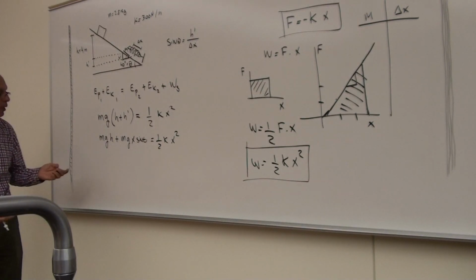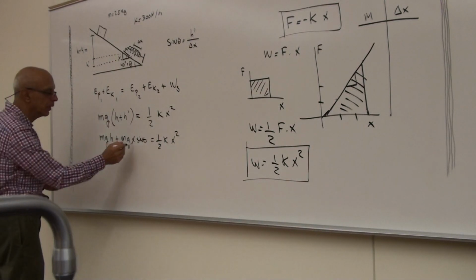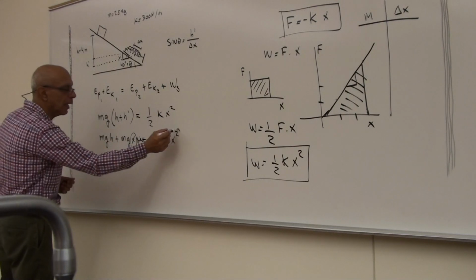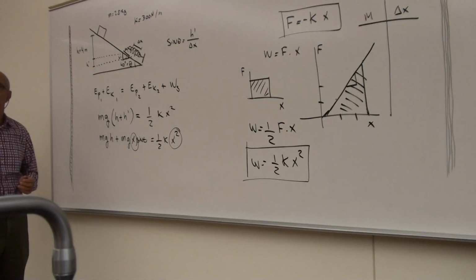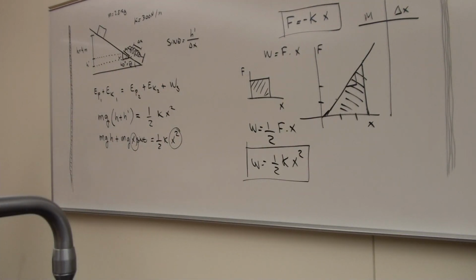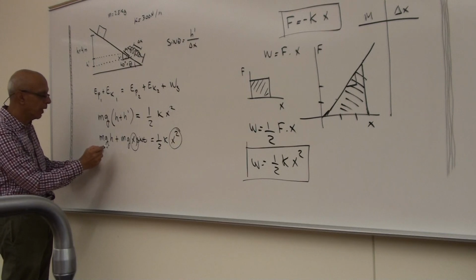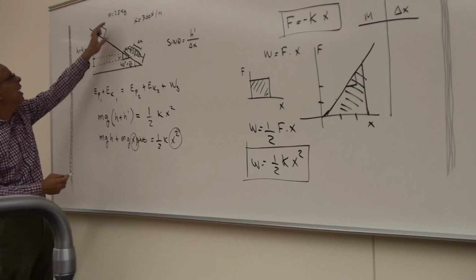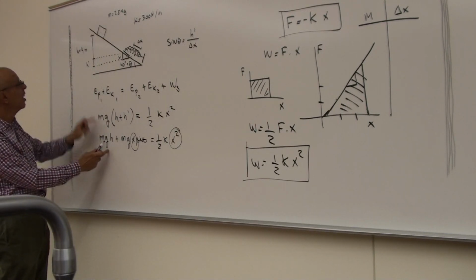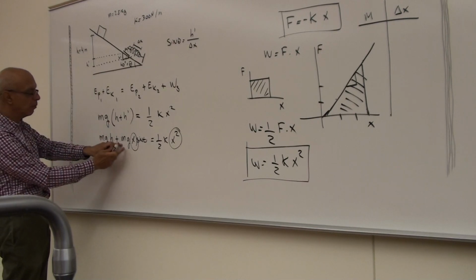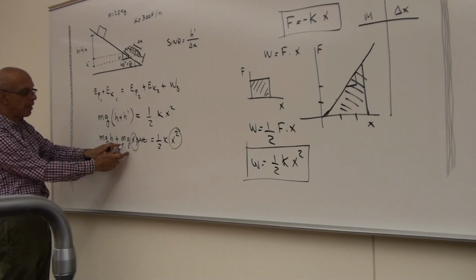So where is my variable? My variable is x and x squared. What kind of equation do you guys think this is? Those are all going to be numbers, right? When I plug in m, g, h, m, g, these are all numbers that I have.